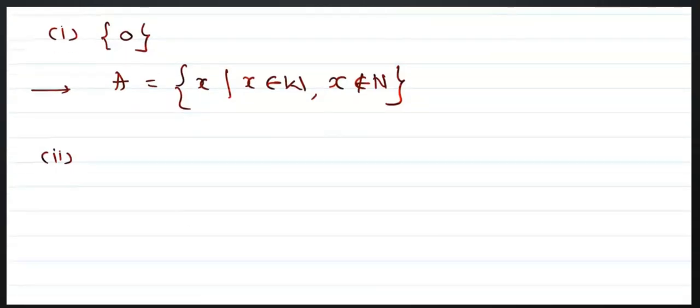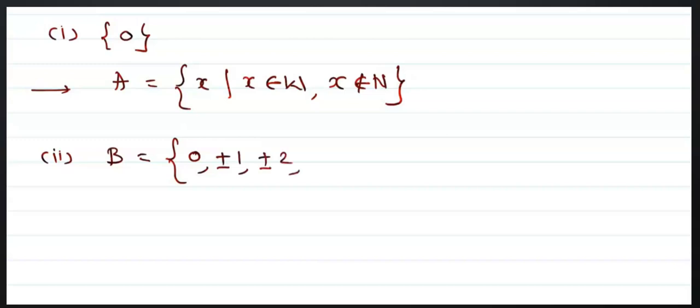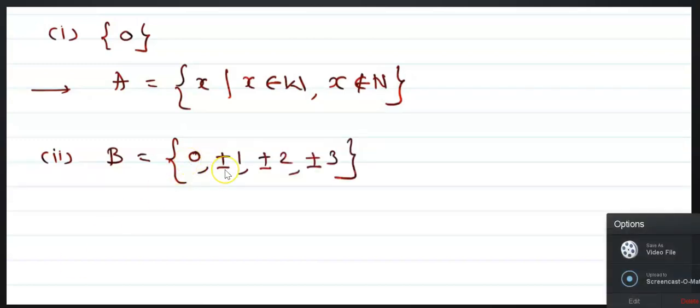Second, B is equal to, that is 0, plus or minus 1, plus or minus 2, plus or minus 3.